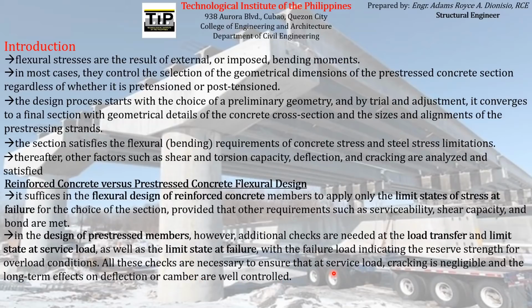That is why we usually check the prestress member that we are designing at load transfer as well as at the service load condition, because we want to ensure that there will be no cracking experienced by the prestressed concrete members along the lifespan of the member itself.